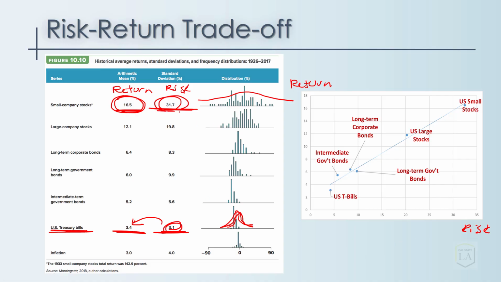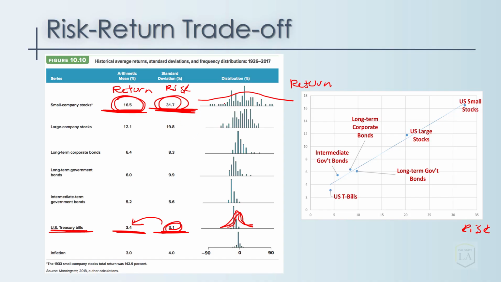And if you're expecting a higher return, if you want to obtain a higher amount of return, then there is another aspect that you need to consider, which is that you will have to take a higher amount of risk as well. So there's a chance that you will be rewarded.